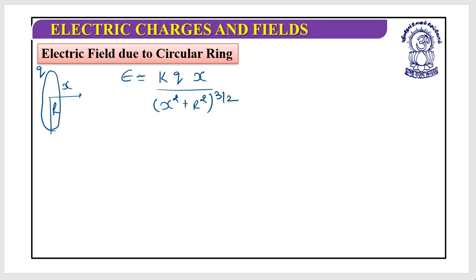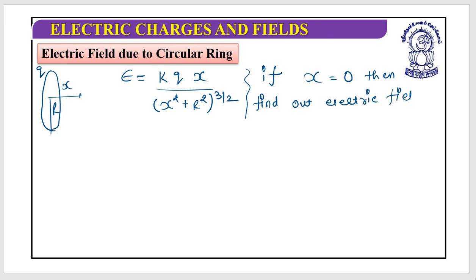This is all they have given. Now if they ask that if x equals 0, then find out the electric field. You need to do this. Do it your way. Do it on your own.